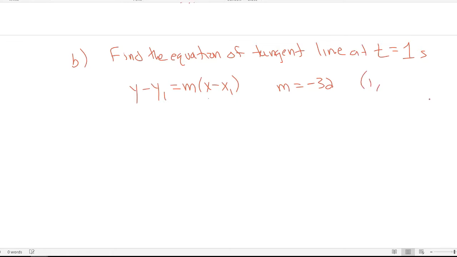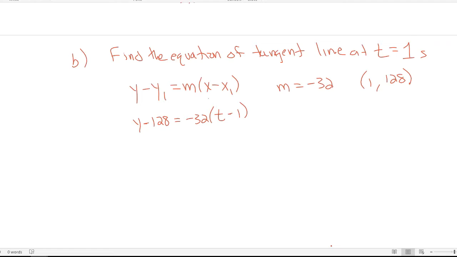Now we know the point is when t equals 1, and if we scroll back up and look at our problem, when we plugged 1 into our height equation, we got 128. So here's my x1, y1, and here is my slope. So I have y minus 128, and then I have negative 32. And I'm going to switch back to the t variable. Remember, technically our independent variable here was time.